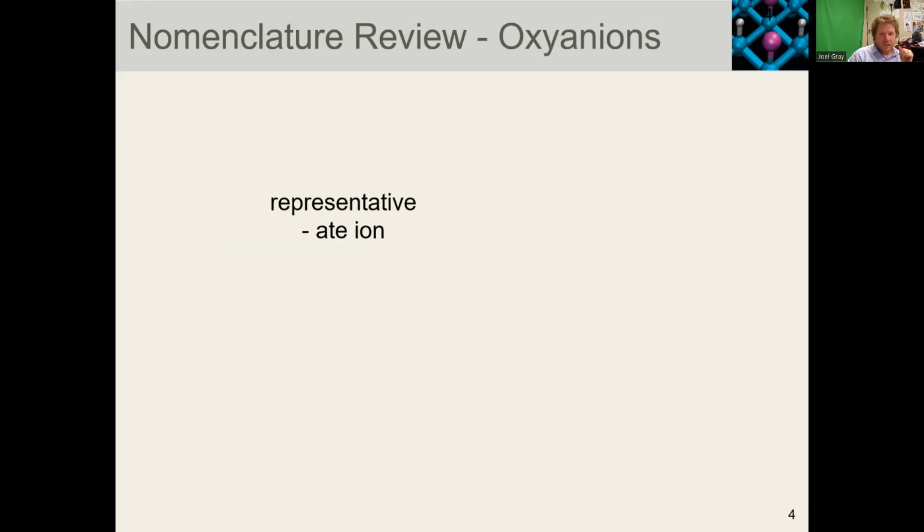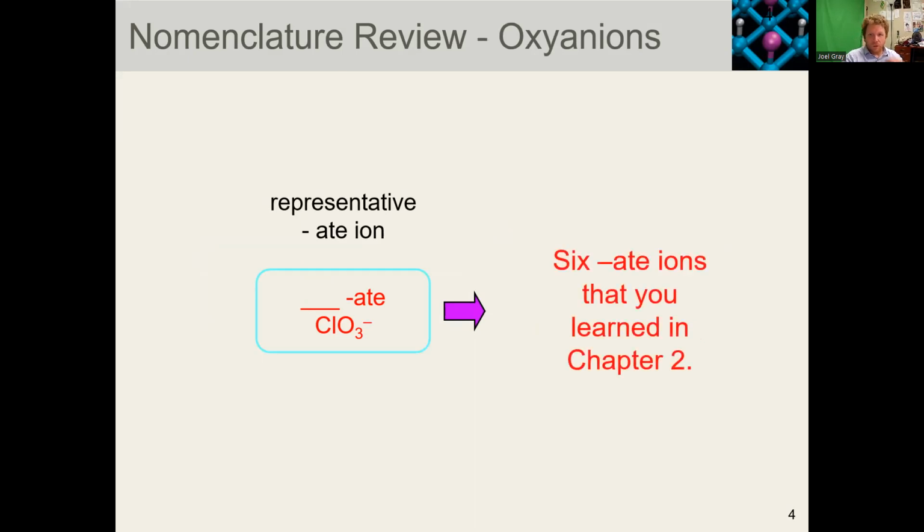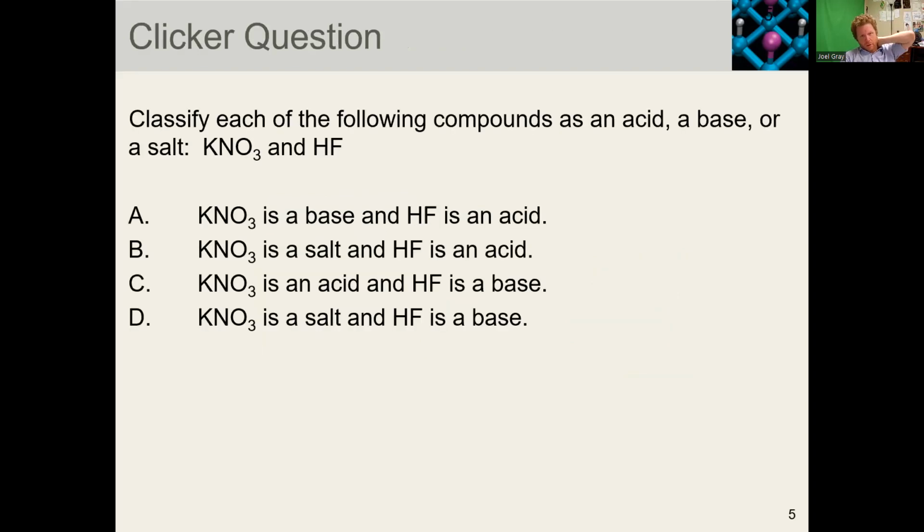There are oxyanions, which we've talked about a little bit. Specifically, we talked about chlorate, that family of oxyanions: perchlorate, chlorite, hypochlorite. There are 6 ATE ions that you learn in chapter number 2.